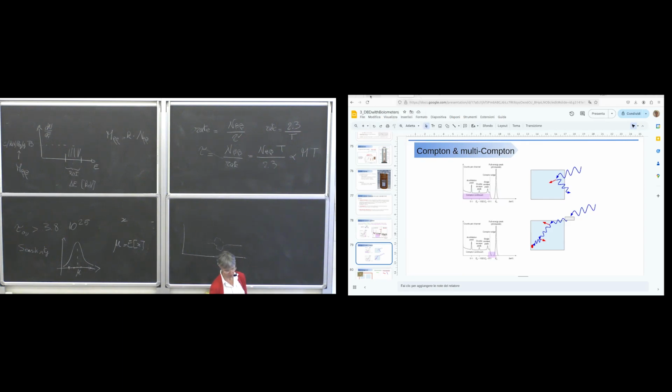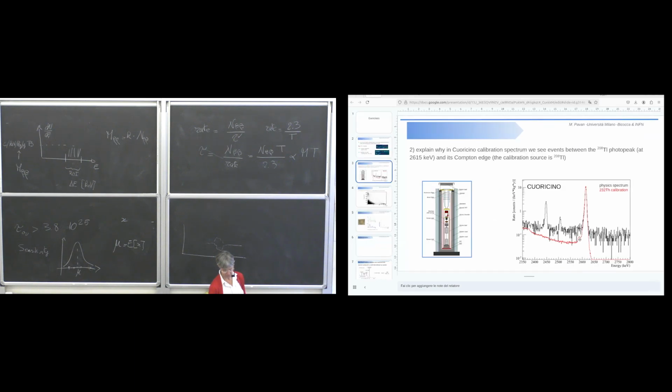And then the other peak. You know what this is? What is this peak? It's a very, very small peak.